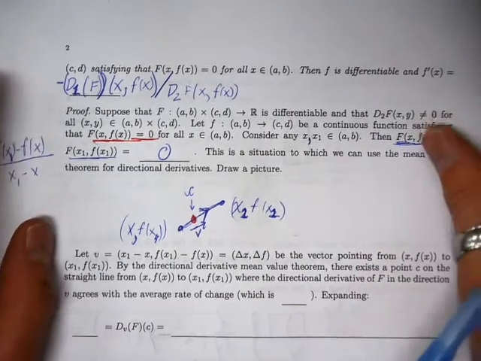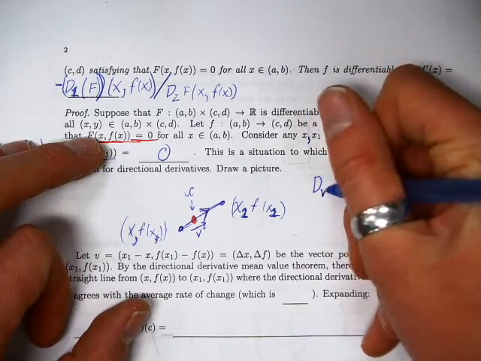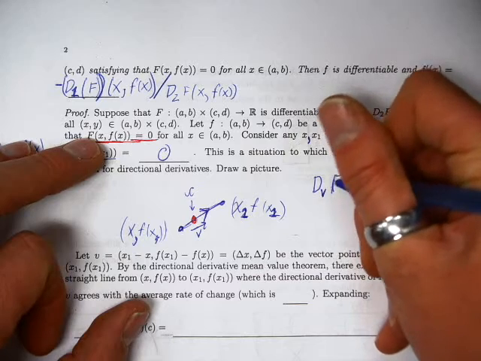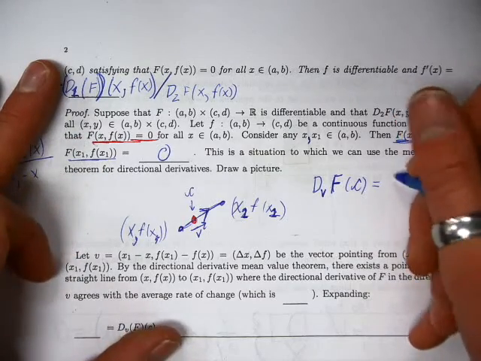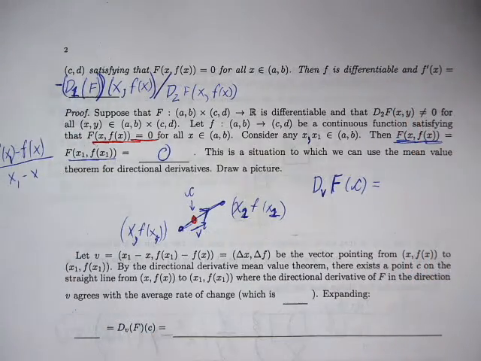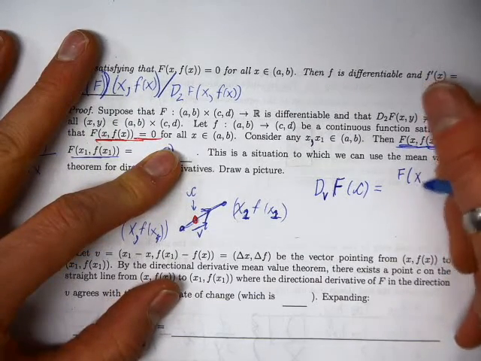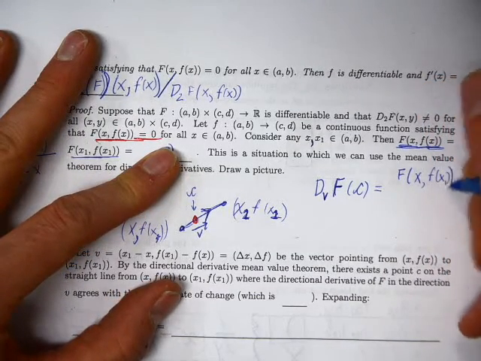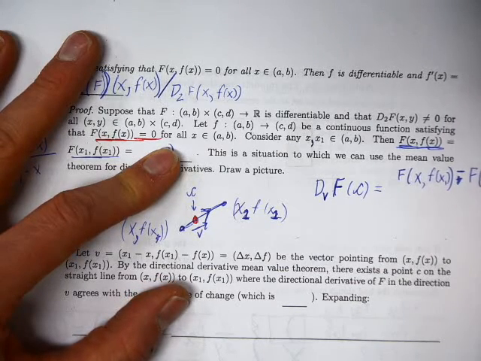So the directional derivative mean value theorem says that there exists this point C such that the derivative in the direction of v of big F at C is the same thing as, no, minus, only after I fix the thing that I did wrong.